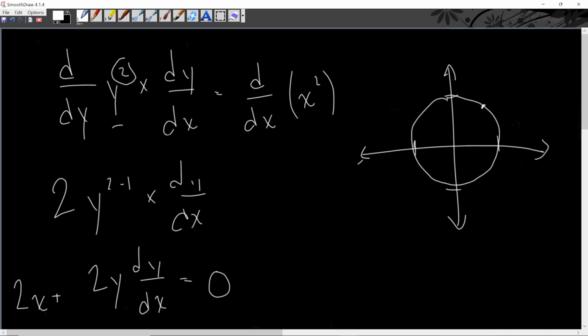We have to bring that regular 2x to the other side to make it negative, so we'd have 2y dy dx equals negative 2x, and then we simply divide both sides by 2y. And now we are left with dy dx equal to negative x over y.